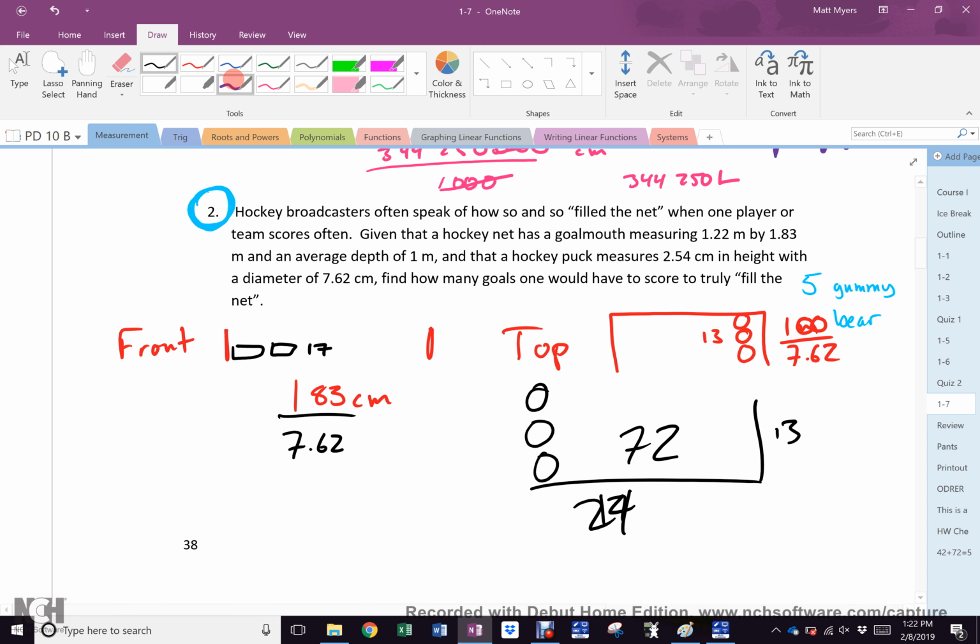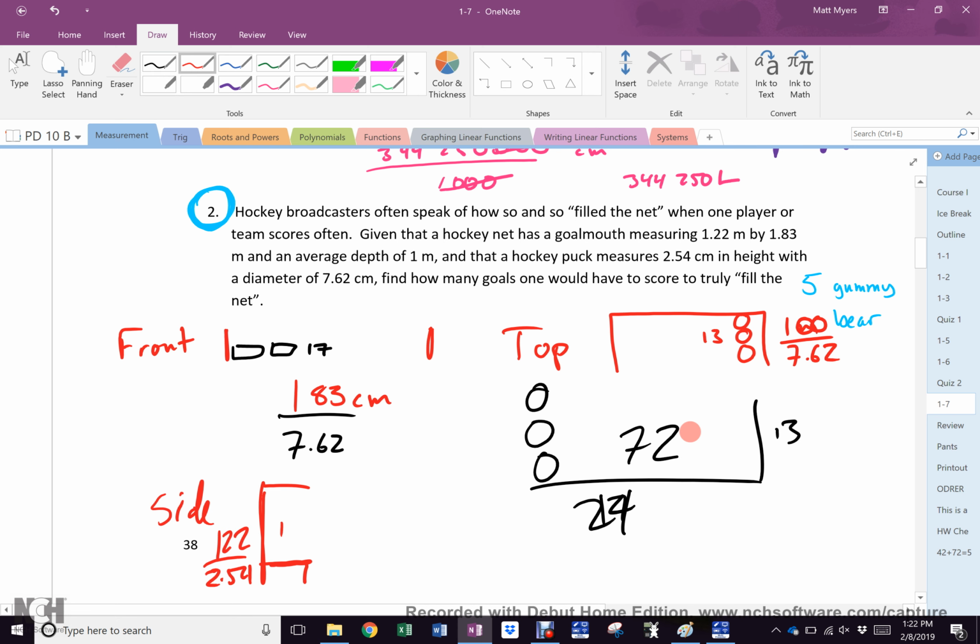And then from the side, my net is 122 centimeters, and the puck is 2.54 tall. It doesn't matter. You're stacking the pucks.